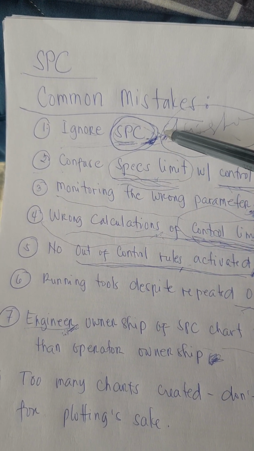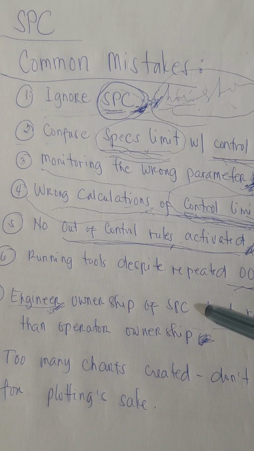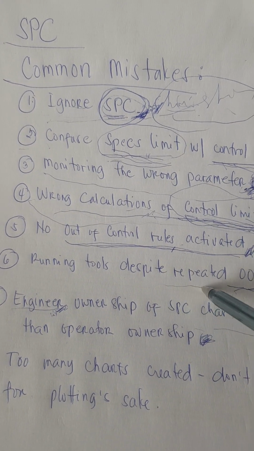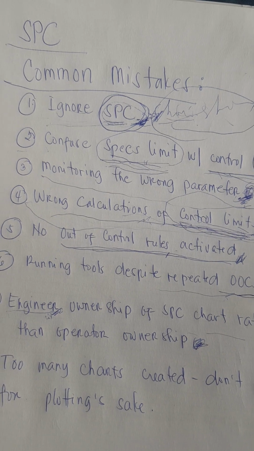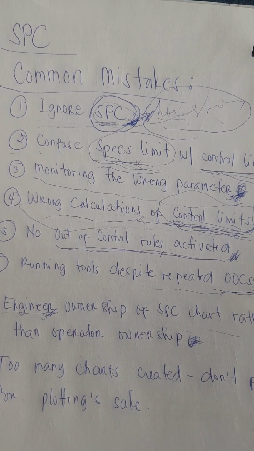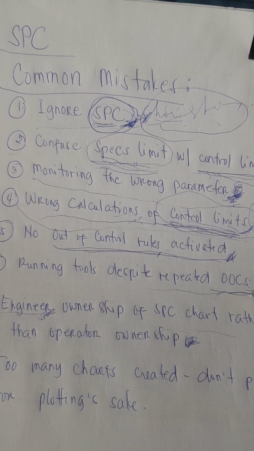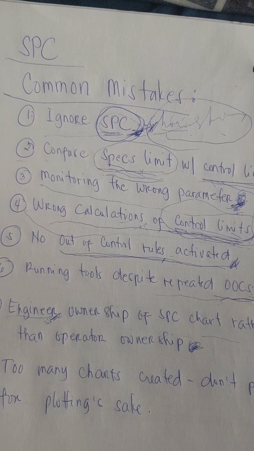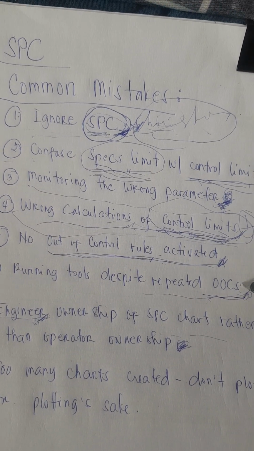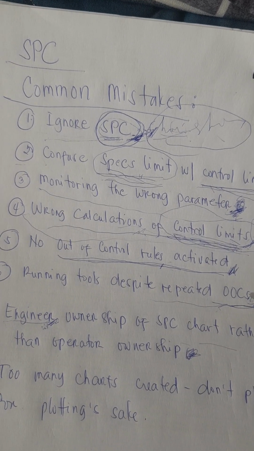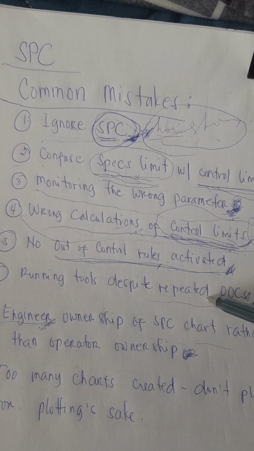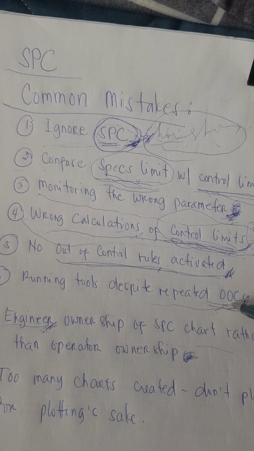We ignore SPC, because despite repeated OOCs already, we are not intervening. Then what is the use of our SPC? It's just for show because the customer asks us to do so. That's not the point. We need to be very vigilant in terms of the OOCs in our SPC.